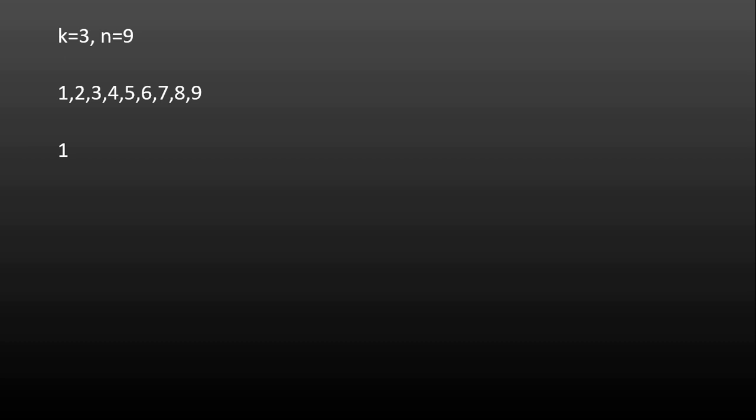So if we have selected 1, then we can only select 2, 3, 4, and so on. Similarly, if we have selected 4 for example, we can only select 5, 6, 7, we cannot select 3, 2, 1. We should not go backward, otherwise the same combination would have happened for some previous element, where we started with 2 or started with 3. So that way we can prevent having a duplicate in our set.